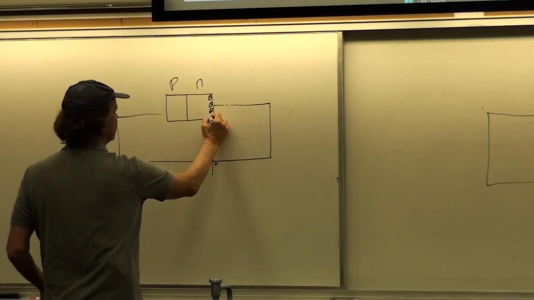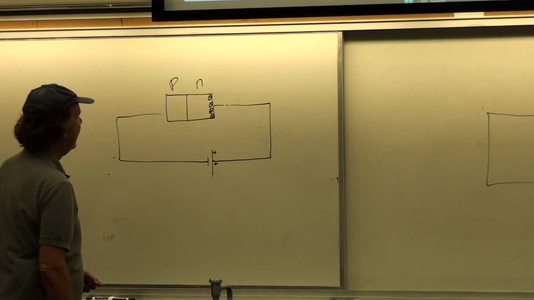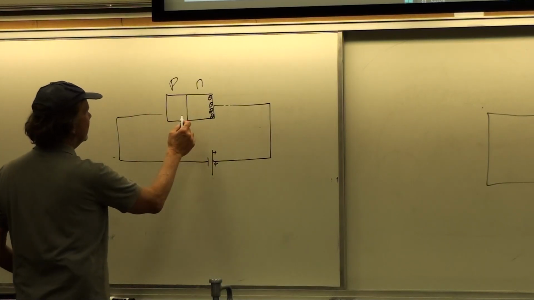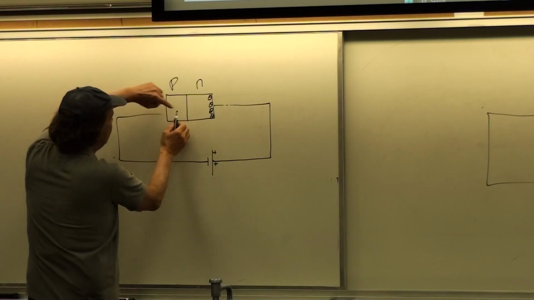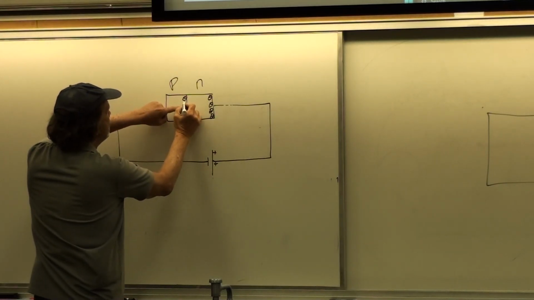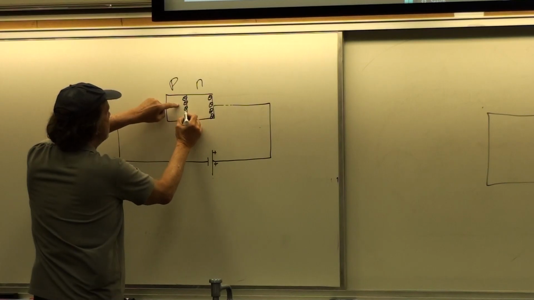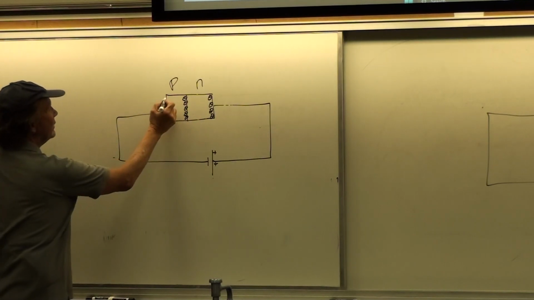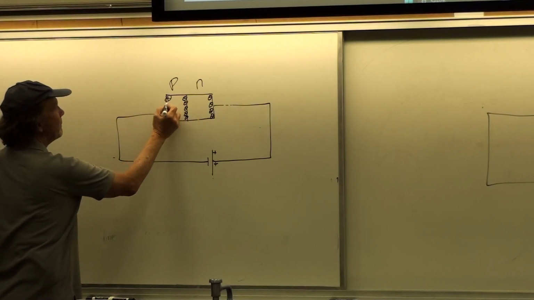So the insides will go across like this. And then, because the electrons tend to want to go this way, the electrons will slam up into this edge here. But electrons moving this way is the same thing as holes moving this way.